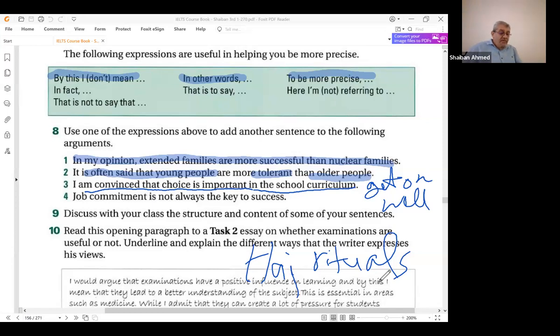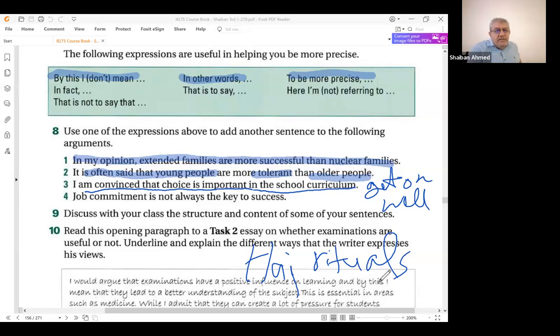So when they go home, they know they can talk about something. Yes, so I'm convinced that choice is important in the school curriculum. This means students can choose what they like. By this, they will develop knowledge, they will succeed, they will be more successful? Just finish the idea. Good.